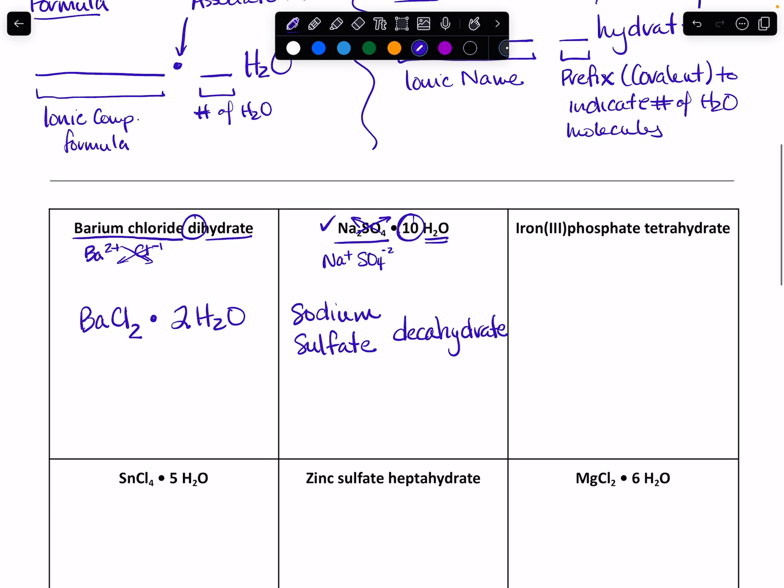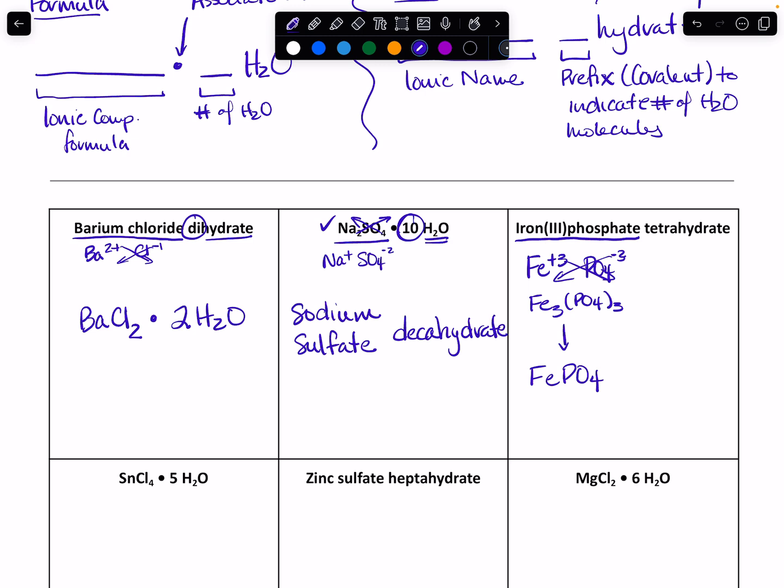Here we have another name. Iron with a 3 Roman numeral tells me this is Fe +3. Phosphate is PO4 -3. When I cross those charges, I get Fe3(PO4)3, but I can simplify that to one of each, FePO4.